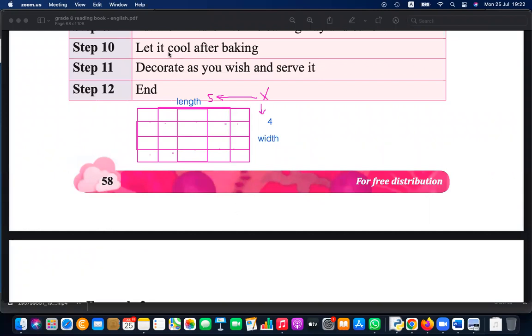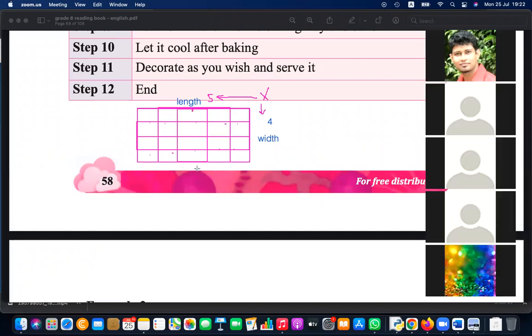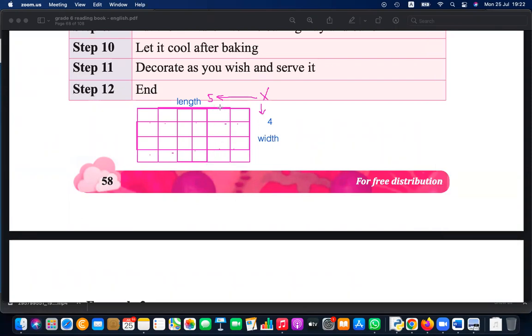Okay, let me increase 1 from here, and 1 from here as well. Now, can you tell me how many tiles you need? 28.